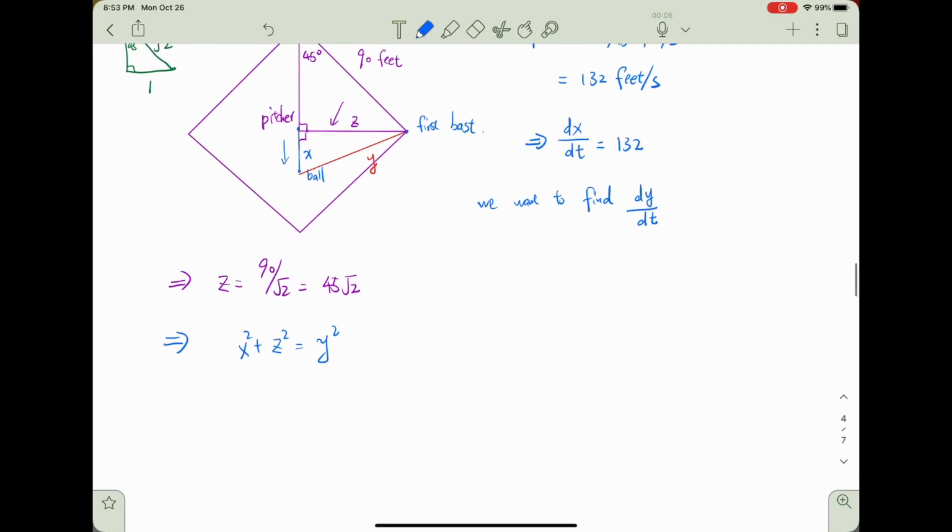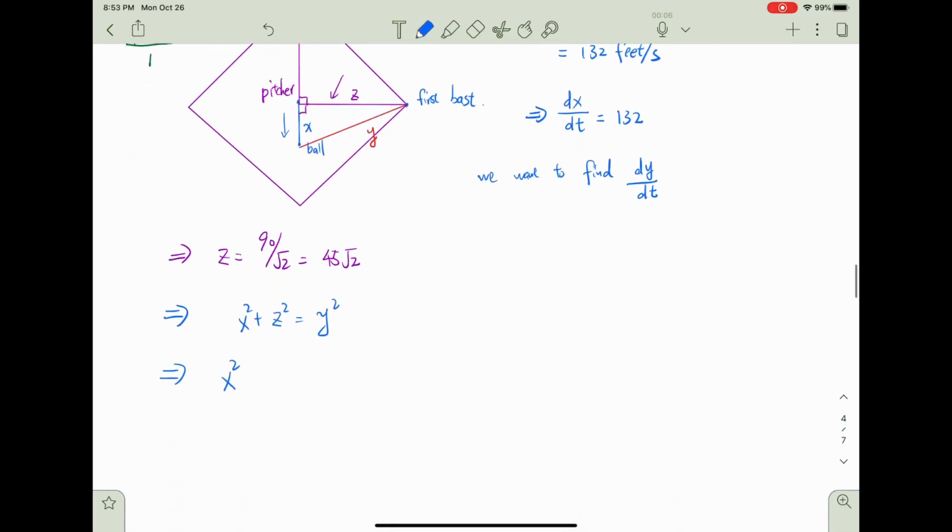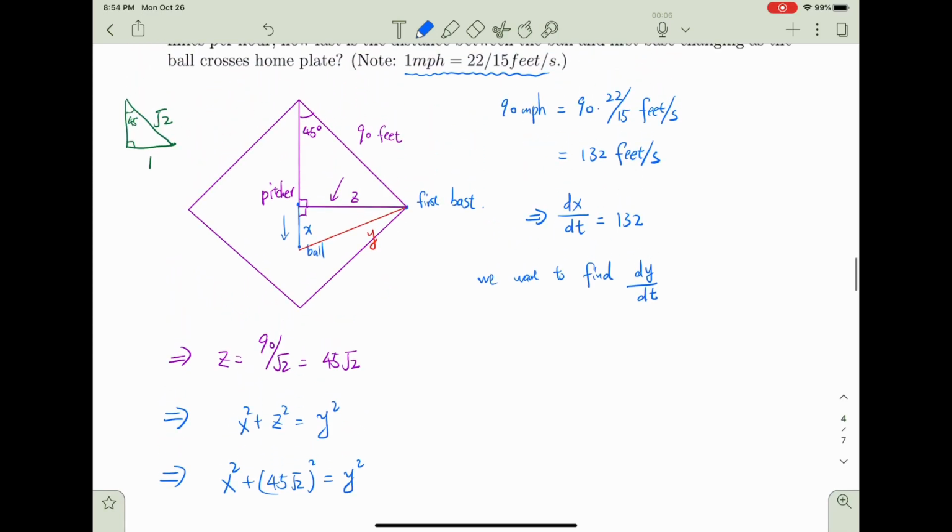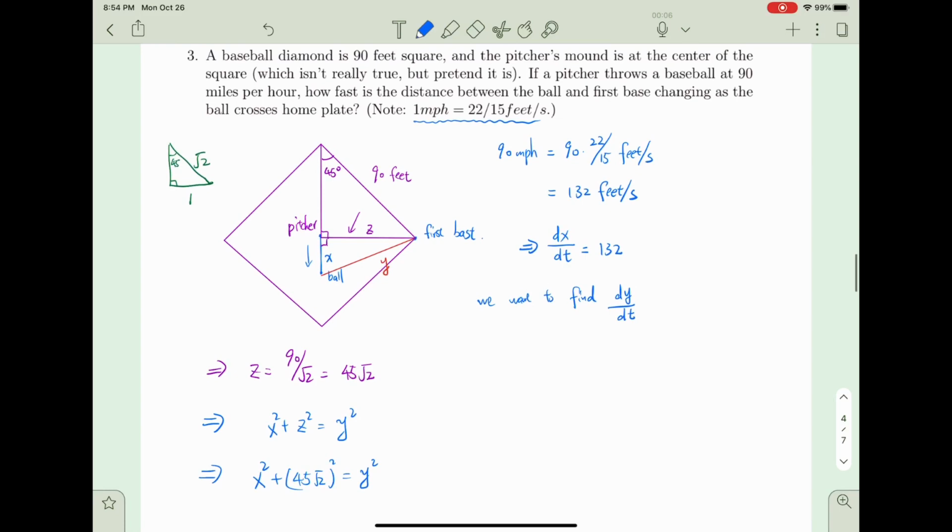Which gives us x squared plus this, 45 square root of 2 squared, is equal to y squared. So from here we know that if x is given, we can figure out y, and if y is given, we can figure out x. So that is the relation between x and y.